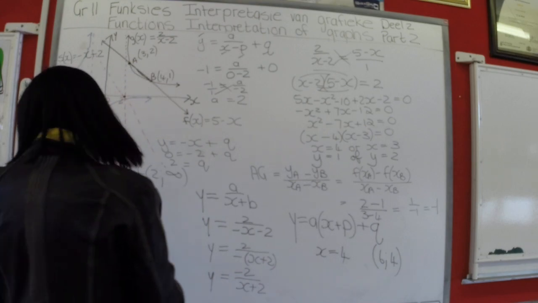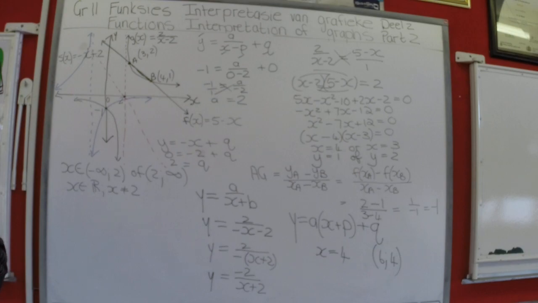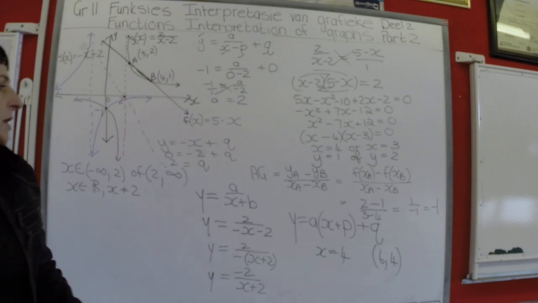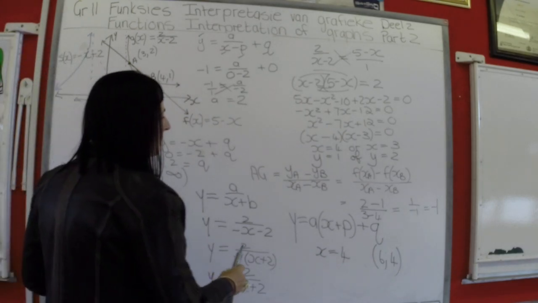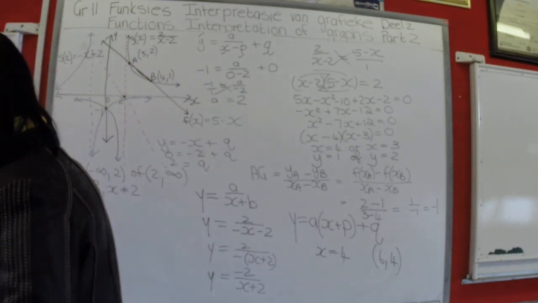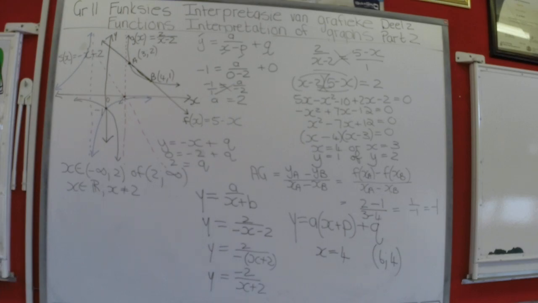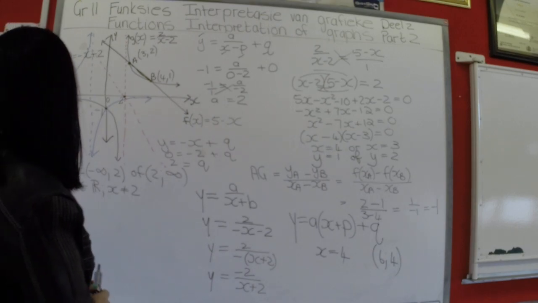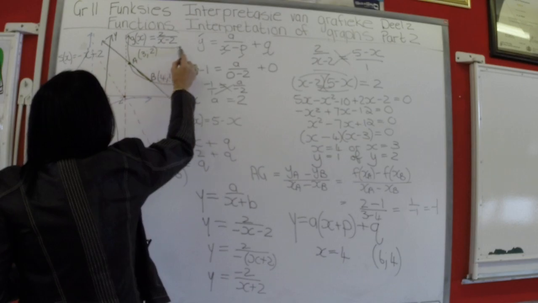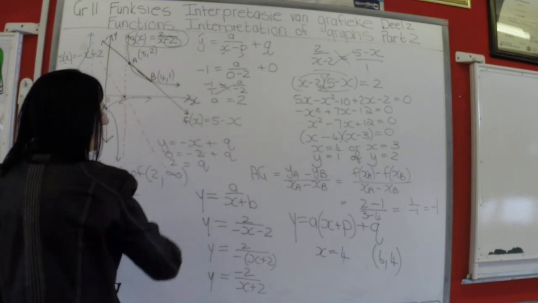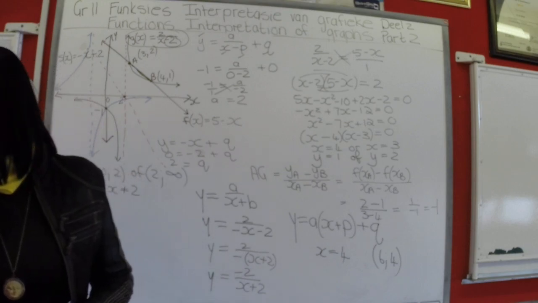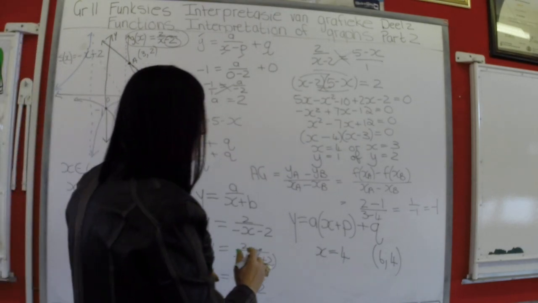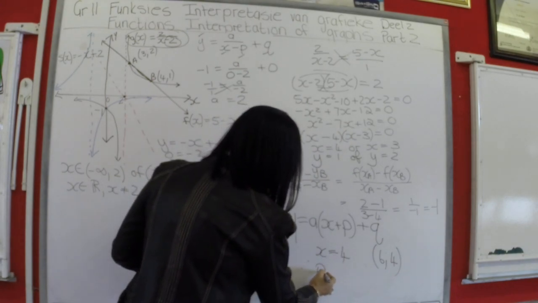Okay, let's quickly think about this. The graph of g is being shifted 2 units. If you look at g over there, it shifted 2 units to the right, isn't it? Shifted 2 units to the right, so therefore p equals minus 2.